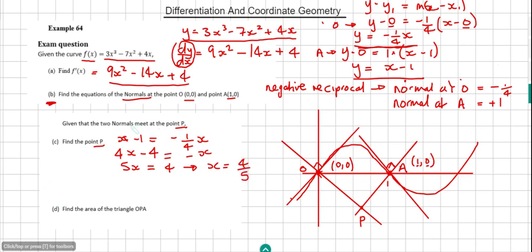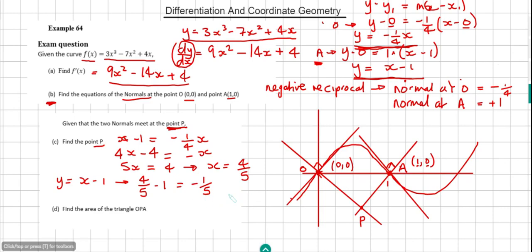Obviously I need the other coordinate, the y coordinate. Since we've got x is 4 over 5, we can pick either the equation of the normal at O or the equation of the normal at A. I'm going to choose the one at A. So y is equal to x minus 1, which is 4 over 5 minus 1, which is minus 1/5.